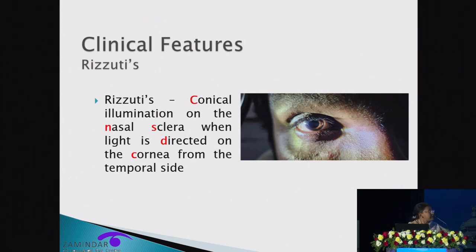Whereas in this patient, whenever the light is thrown from the temporal limbus, there's an illumination which is not arc-shaped, but is in a sphere head or an arrow pattern, which is seen on the nasal limbus. This is called the Rizzuti's phenomenon. All these are external clinical signs which are elicited by the torchlight.